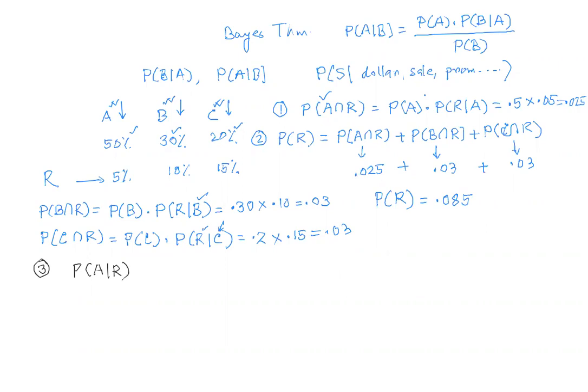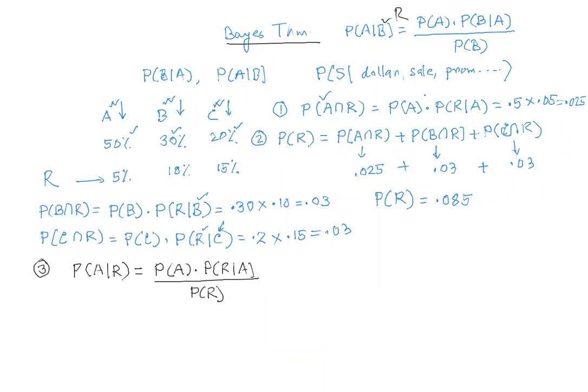In that case, it is going to be the probability of A times the probability of R given A, all of it divided by the probability of having a reservation problem. This is nothing but Bayes' theorem, okay? Instead of B, I used R. That's the only difference.